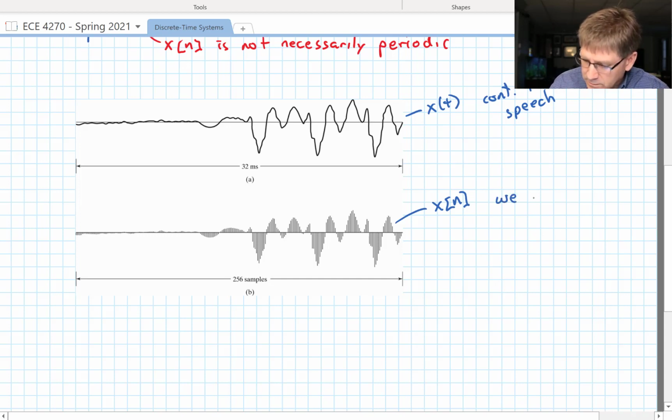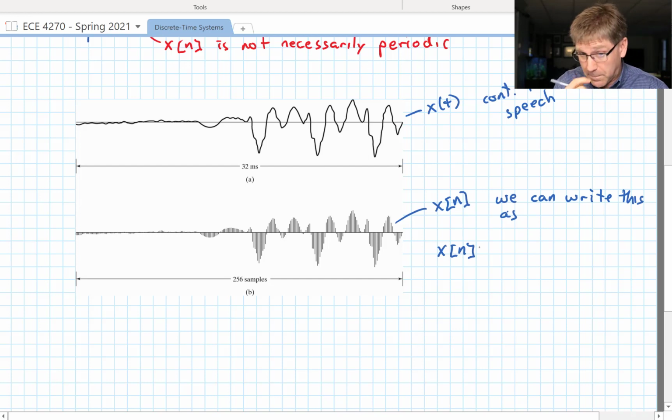But the first thing we're going to do is work out a new way to write this: x of n is equal to the sum of delta n minus k times x of k.